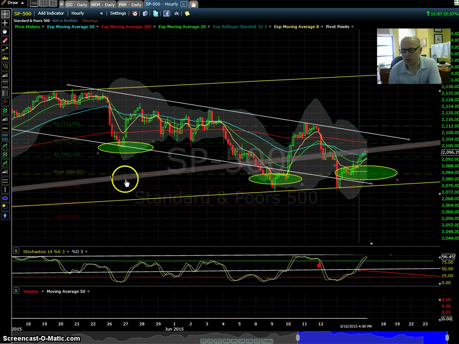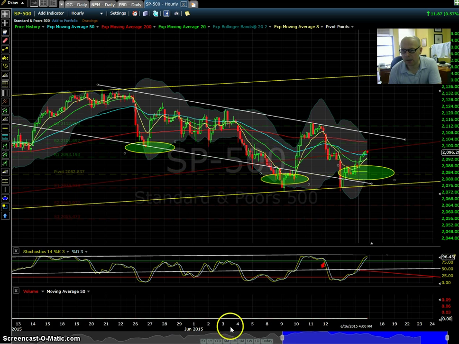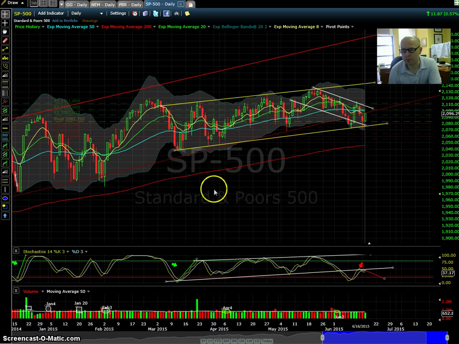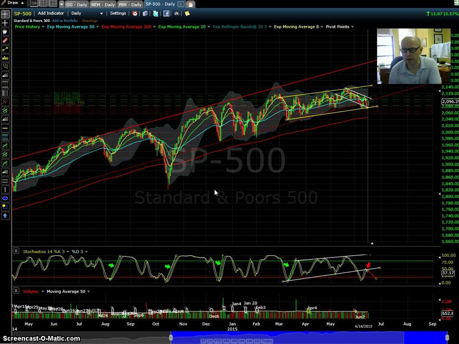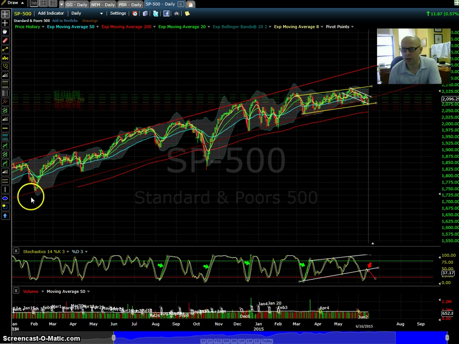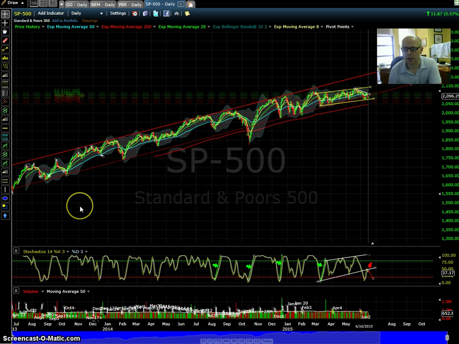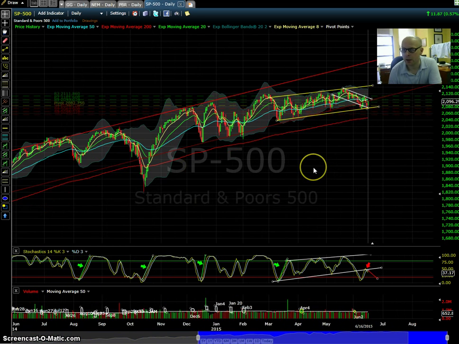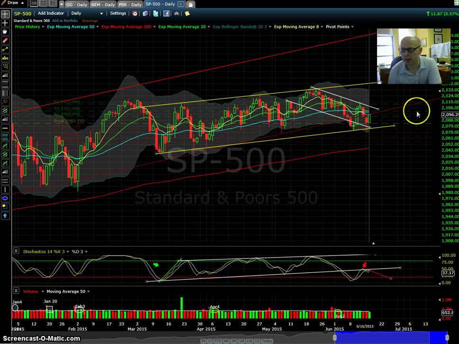And also this red line is a very long trend line coming from this chart here. This is basically coming from 2013, so it also may play a role here.